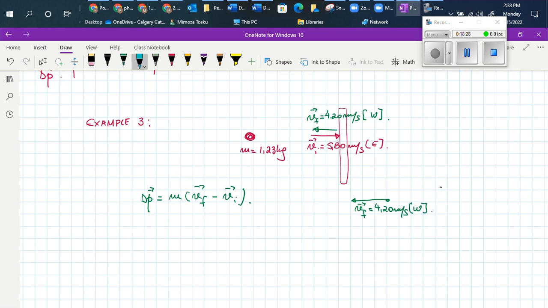And negative V initial will be west as well. So negative V initial will be 5.80 meters per second going west as well, which tells us that the change of velocity for this situation will be going west as well.